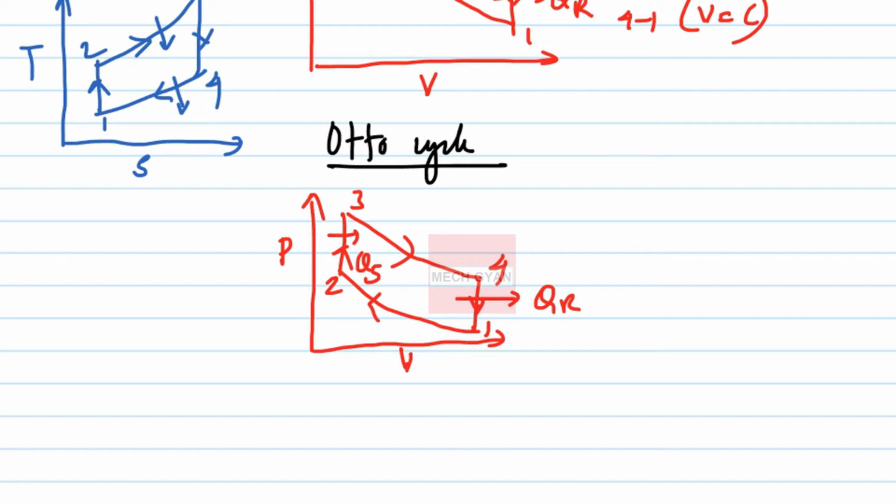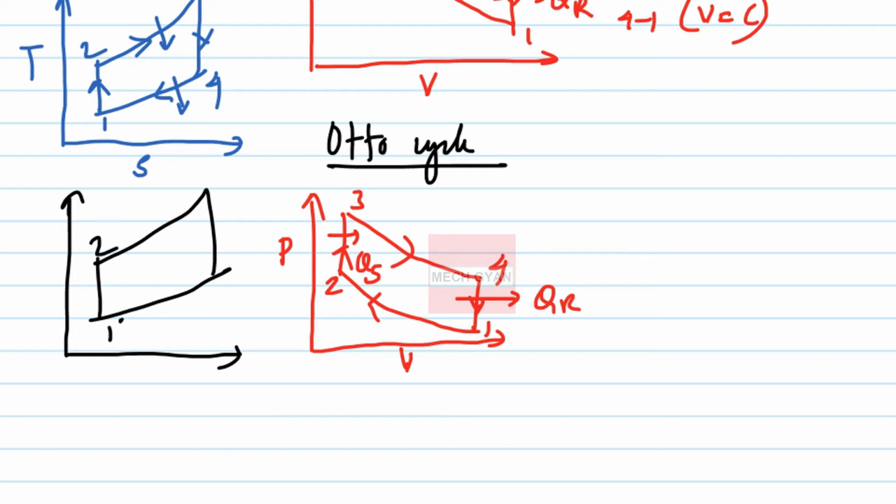Let's draw it on the TS plot: 1, 2, 3, 4.